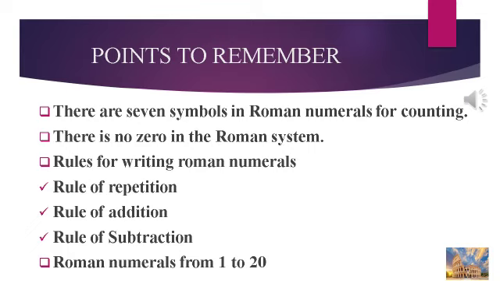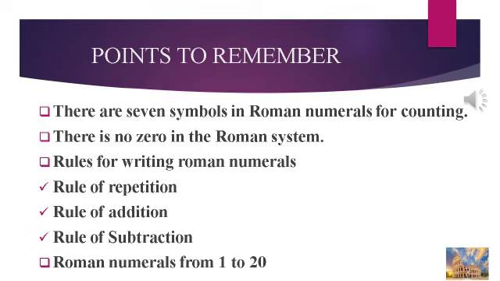Then the rule of addition. If a symbol of smaller value is written on the right of a symbol of higher value, we add the smaller value to the greater value. Then the rule of subtraction.